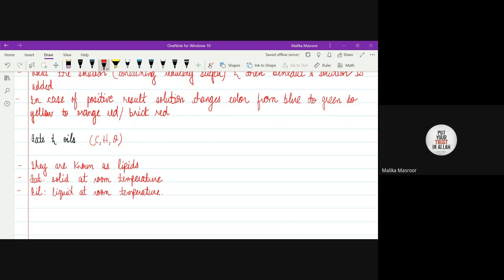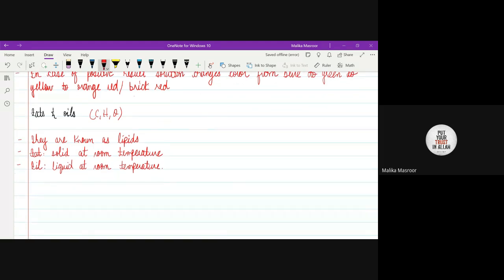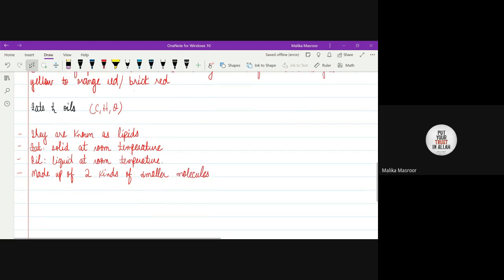They are made up of two kinds of smaller molecules. One is your glycerol, second is your fatty acids.